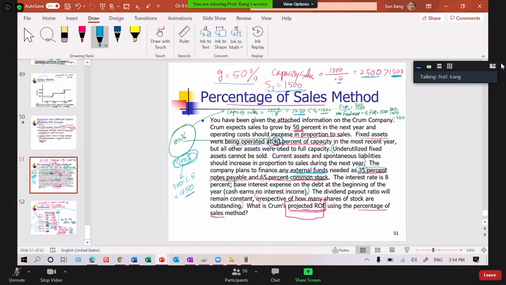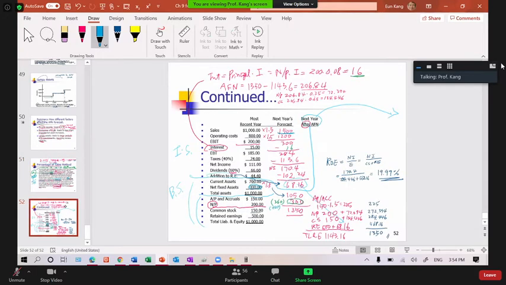So AFN times 0.35, and that is notes payable. AFN times 0.65, that's common stock. So that is this. AFN 206, times 35%, 72.394 is notes payable, according to the problem. Got it. AFN times 0.65, that is common stock. So you add that accordingly here.